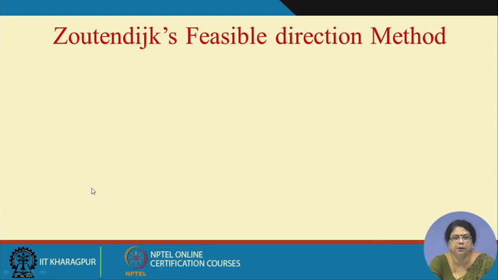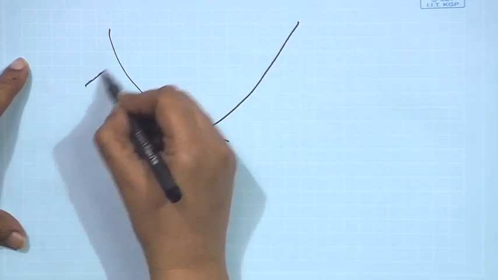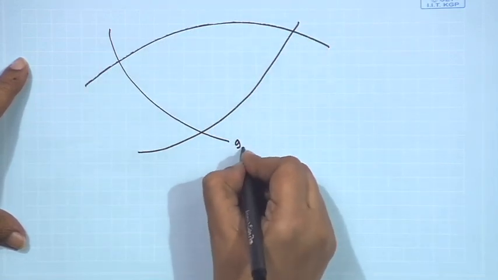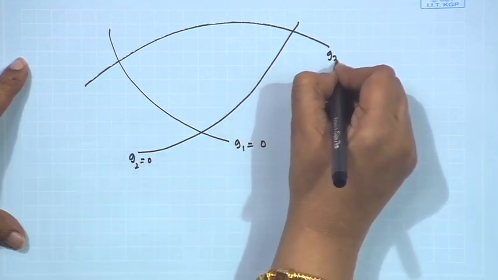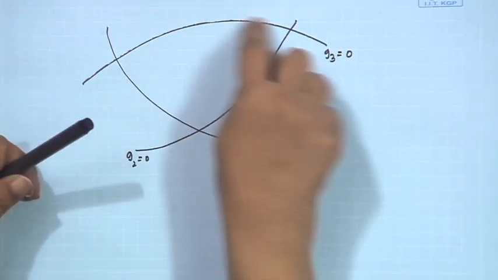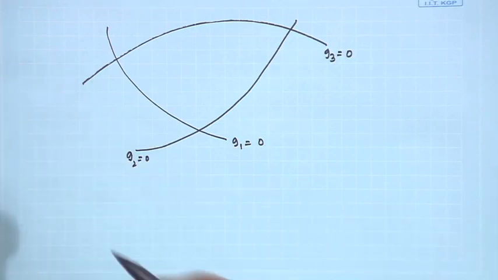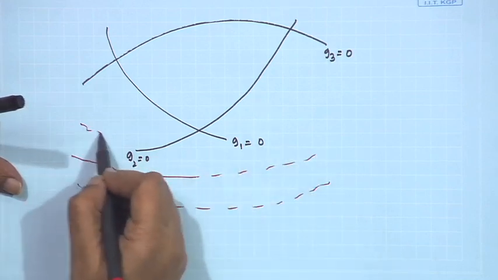Now, let me tell you the basic philosophy of this feasible direction method first. Now, if we have constraints like this G1, G2, G3, and this is less than equal to, that is why this is the feasible space for us, and this is the level curve of the objective function.